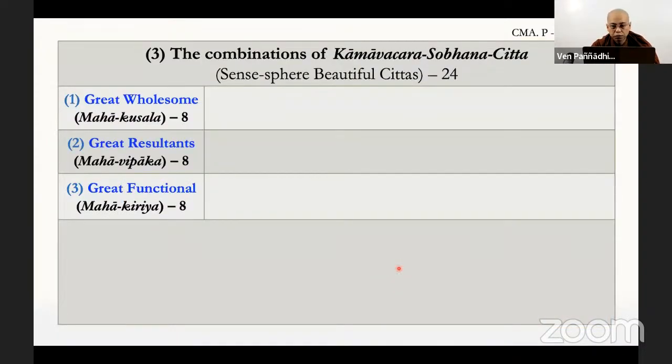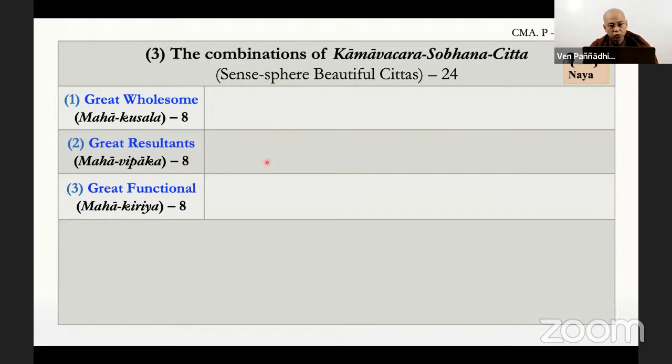Okay, so let's move to the combination method of the Kamavacara Sobhana Citta, sense-sphere beautiful consciousness, 24. Here there are 12 methods, 12 nayas. We can easily know the 4 nayas. Each of these groups has 4 nayas, so it becomes 12.